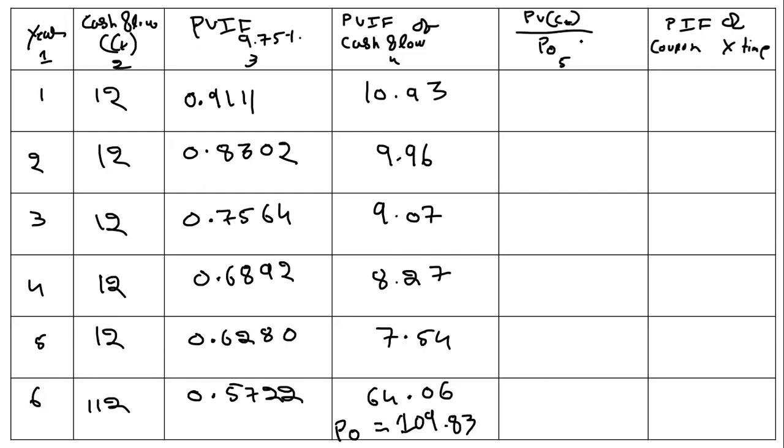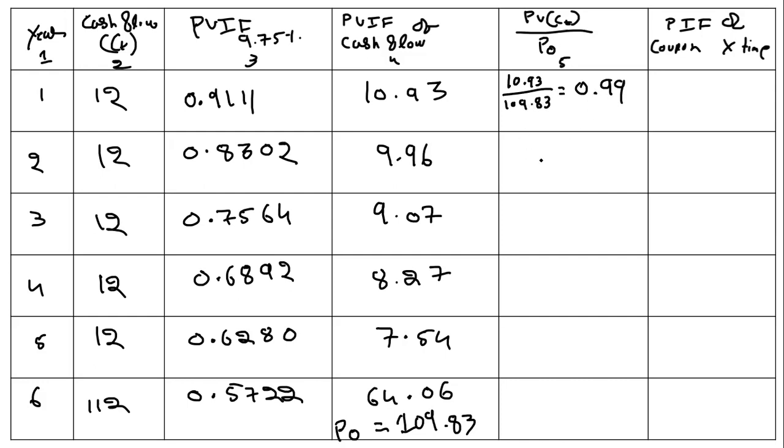Now let's calculate column number 5. We know how to calculate: 10.93 divided by 109.83, and we get the value 0.099.